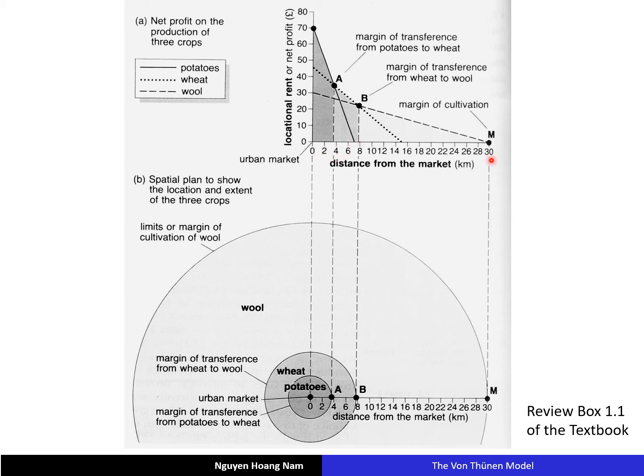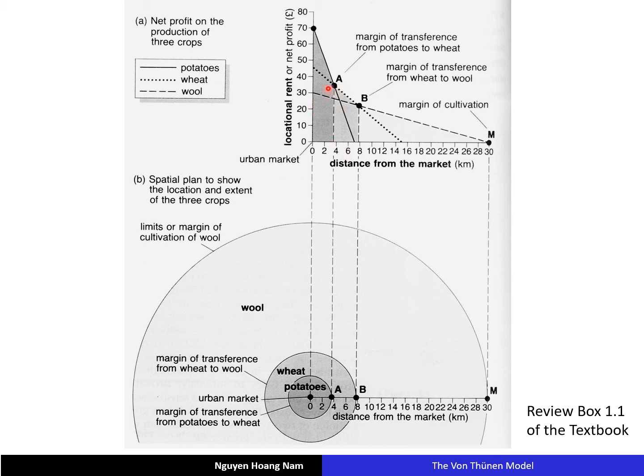The d increase will reduce location range. So all lines, all crops will be sloping downward from the left, but the steepness of the lines is different according to different characteristics of the crops, like transport costs per unit, yield, and so on.